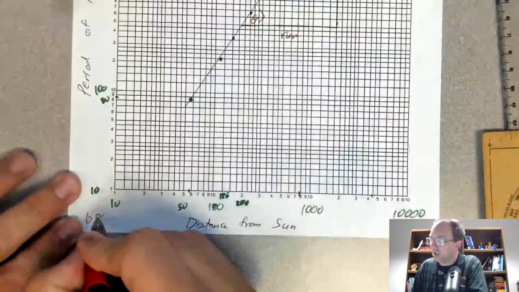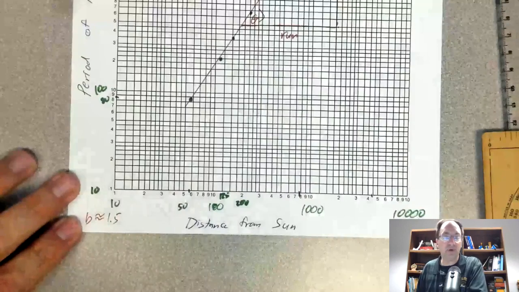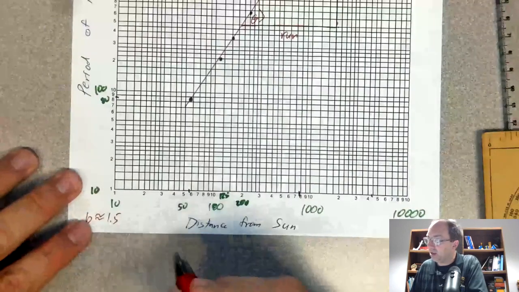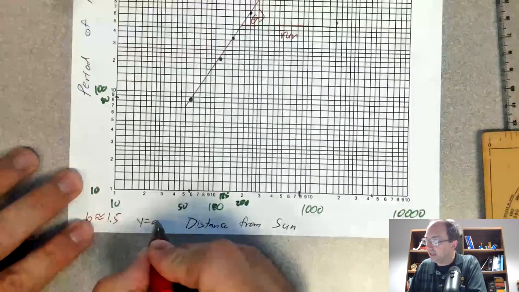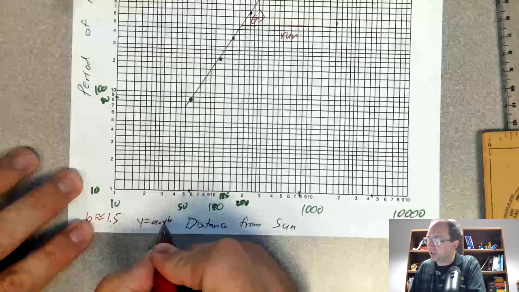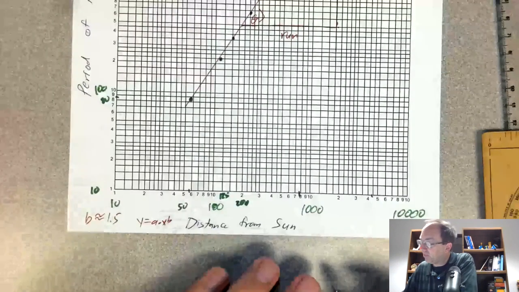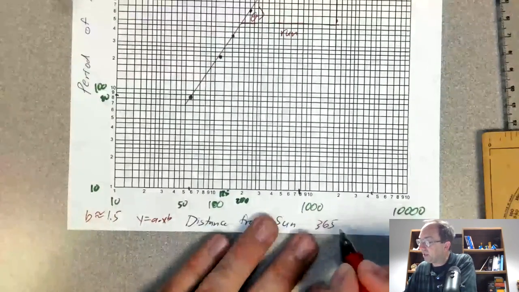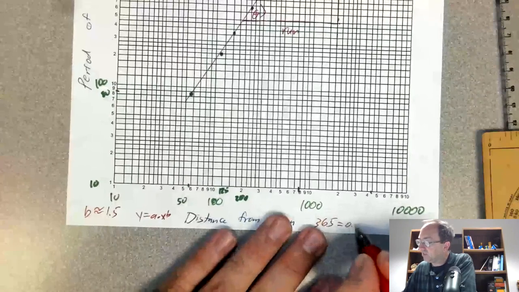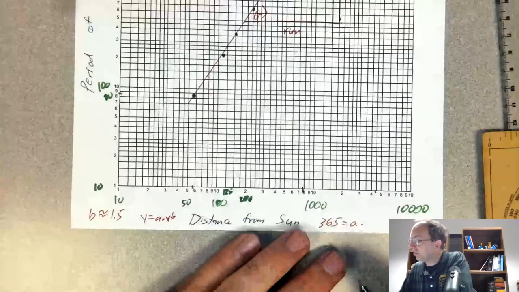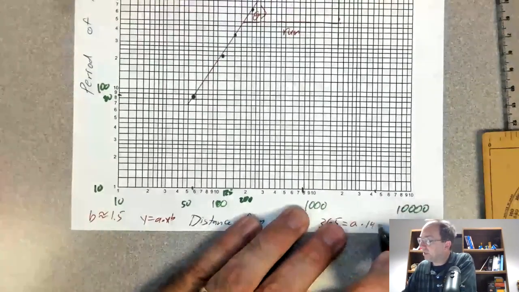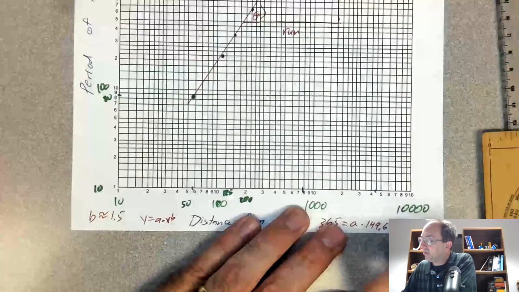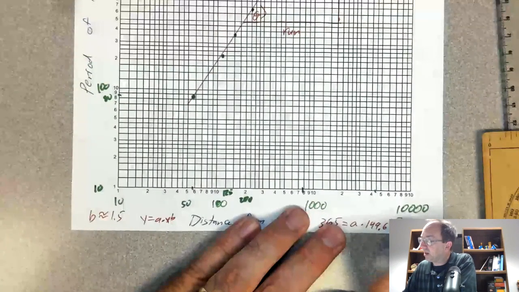So I know B is about 1.5. I want to find A, and I know that y equals A times x to the B. So let me use Earth. I know the y value for Earth is 365 days. A is what I'm solving for. And Earth, the distance is about 149.6. And then I raise that to the 1.5 power.